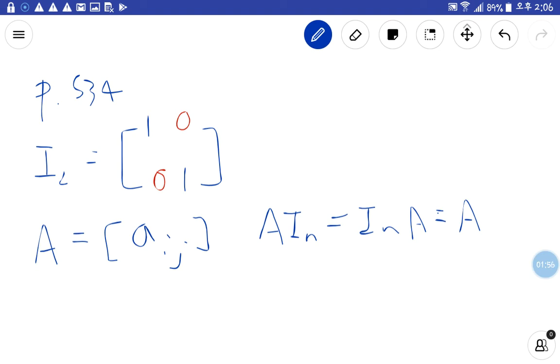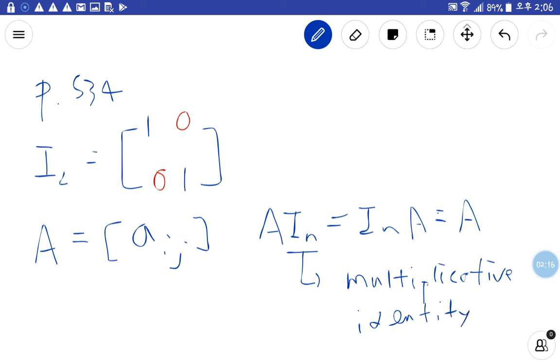So that I is the same as 1 this time. So at this time I_n, we call it a multiplicative identity, same as for a real number. The multiplicative identity of an n by n matrix.